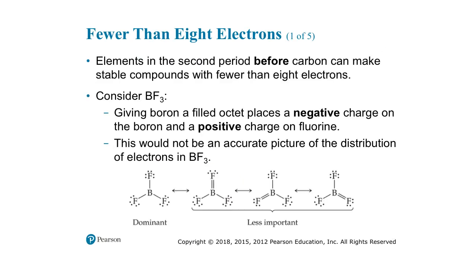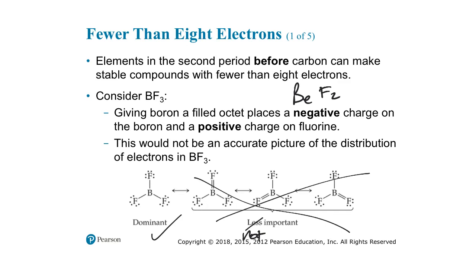So in the case of BF3, the book says this is dominant, these are less important. I say they're not important at all. So I like to say they're not really important, even in the slightest. The elements in the second period before carbon can make stable compounds with fewer than 8 electrons, like BF3. BeF2 is another one that does this.